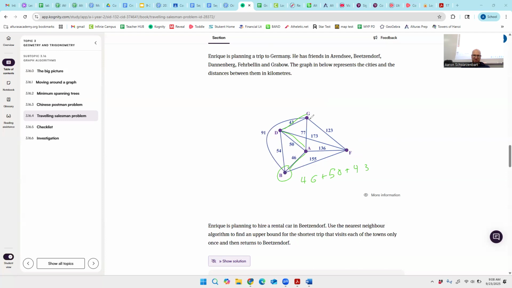Nearest neighbor to G. Oh, no. That's got to be F. 123. You could go through B to get to F, or you could go through A to get to F, but they're not shorter. And then you have to go back to B, 155.